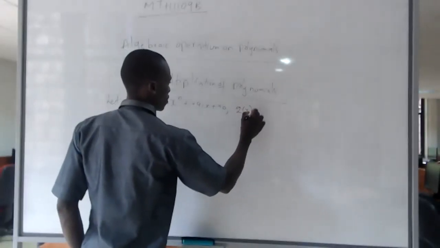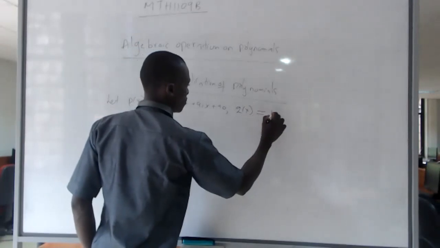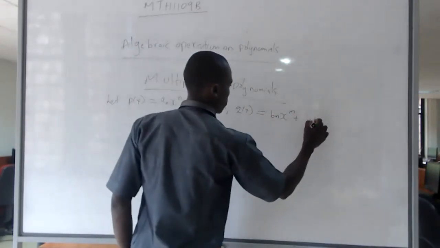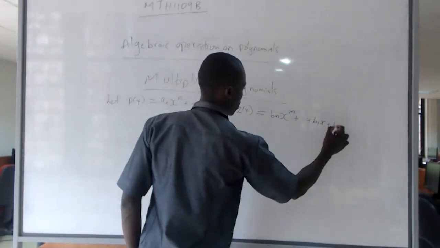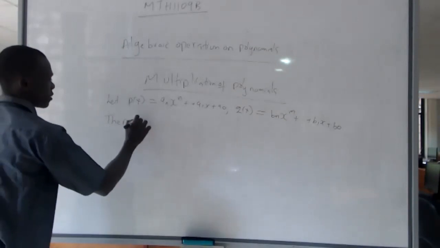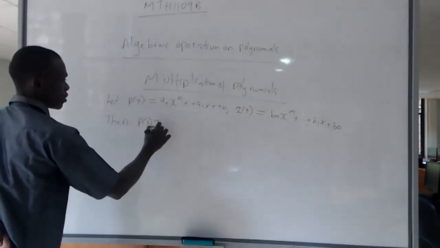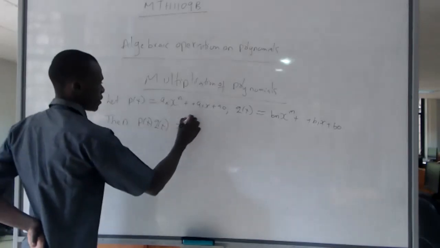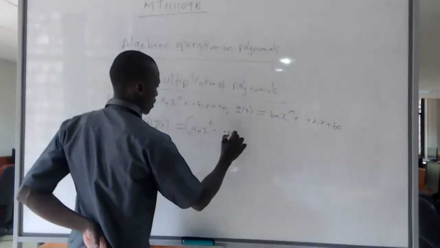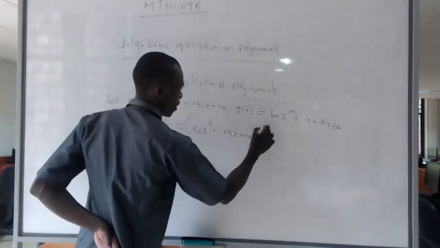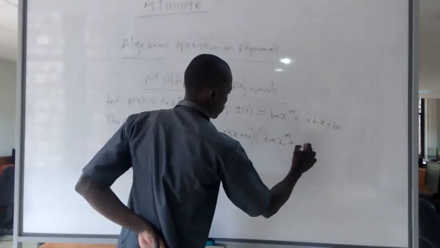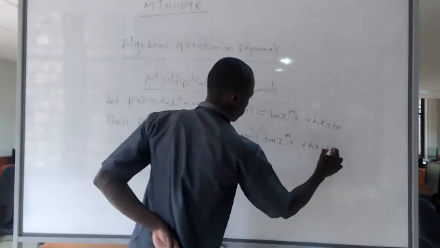Let Q of x be the sum b_m x to the m plus b_1 x plus b_0. Then the product p(x) times q(x) will be, so you're multiplying a_n x to the n plus a_1 x plus a_0, we're multiplying this by b_m x to the m plus b_1 x plus b_0.